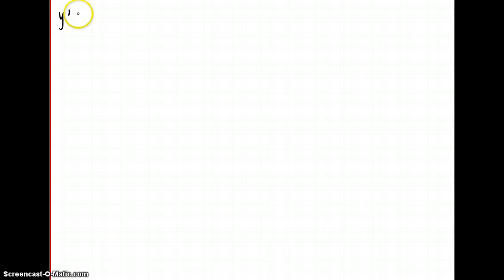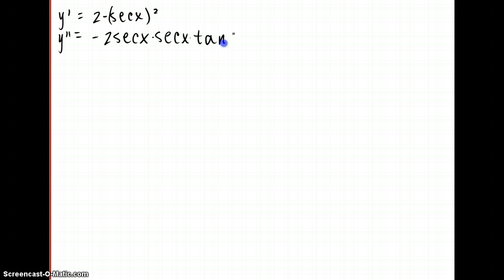Right, so first derivative 2 minus secant squared x. Second derivative, derived using power rule, and then the derivative of the inside, the secant tangent.